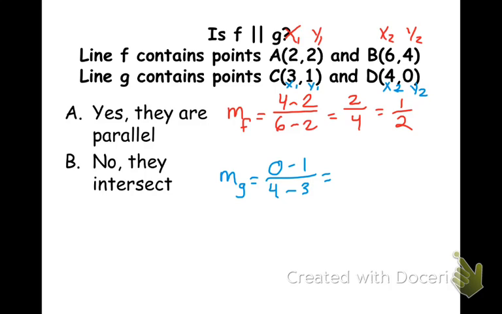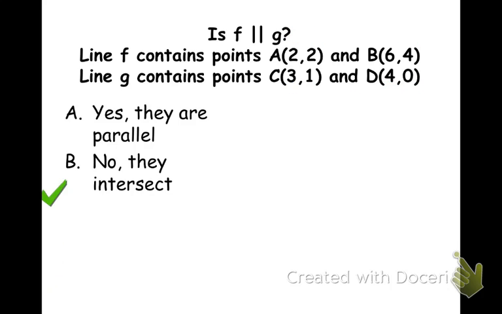That gets us a slope of -1 over 1, which is a slope of -1. So comparing these two answers for slopes, can we conclude that the lines are parallel? And the answer, of course, since the slopes are different, no, they're not parallel, they must intersect.